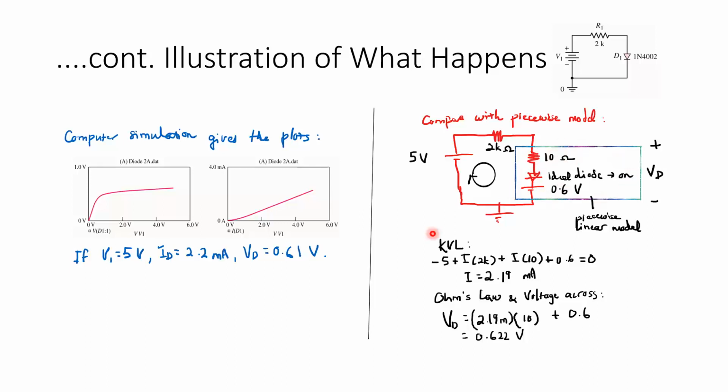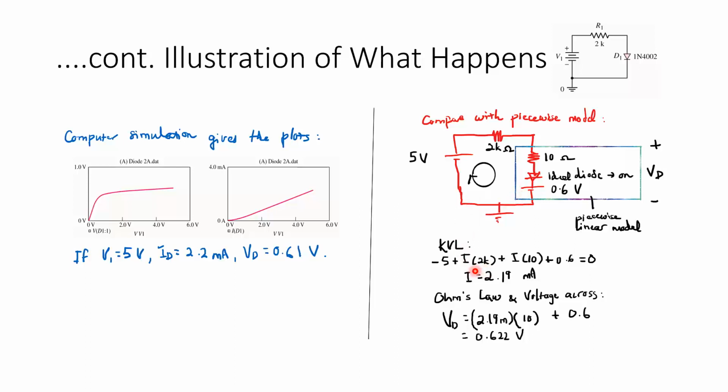Then I can do a KVL around here, which gives me -5 plus the current across the 2 kilo ohm resistor to be I, and the current across the piecewise linear model to be I as well. This is a series connection, so the current through the 2000 ohm resistor is the same current through the diode as well.